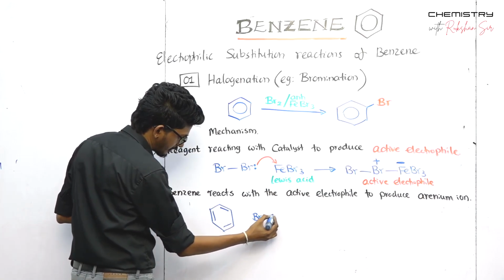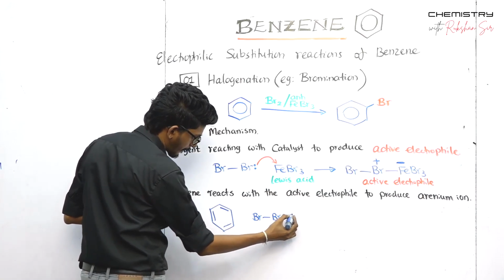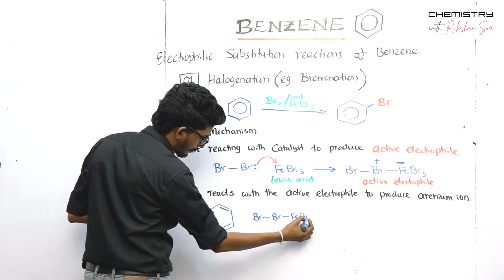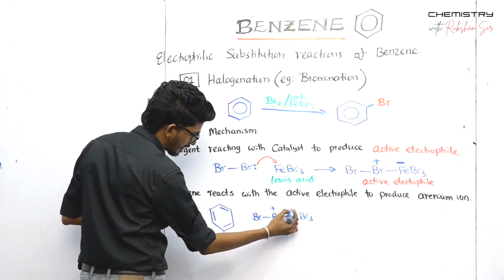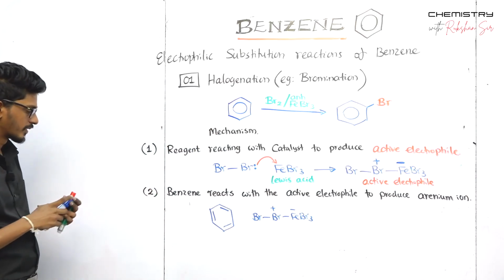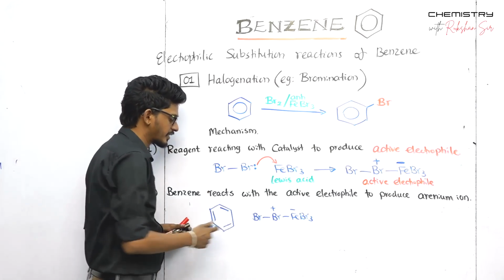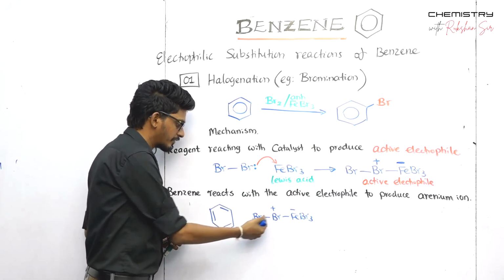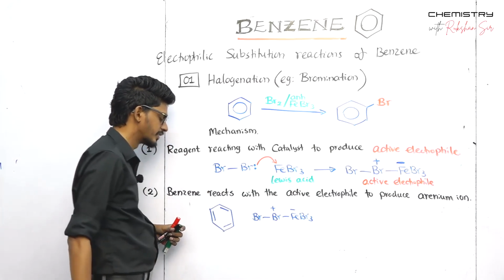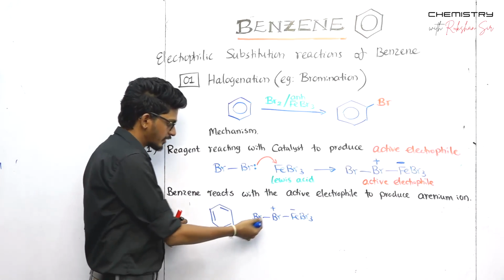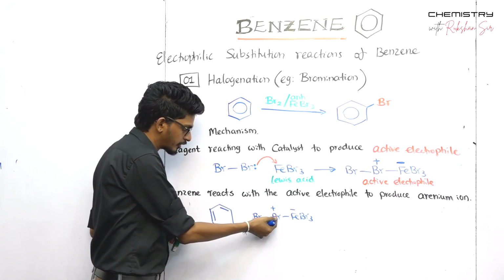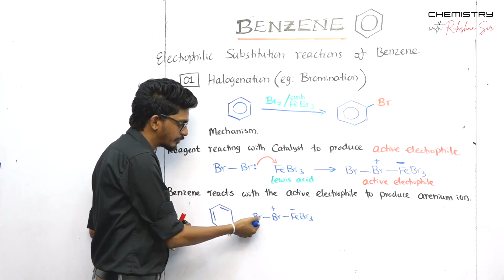So you have it like this. You have plus here, minus here. As this is positively charged, you now have a difference in electronegativities between the two bromines. These electrons are heavily attracted towards the positive bromine, as it has greater electronegativity than this bromine.